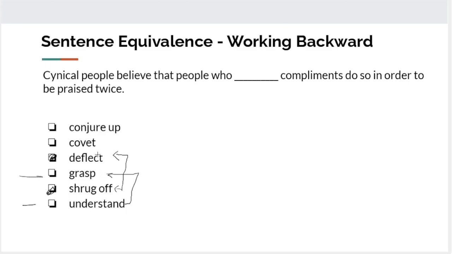So 50-50. Now, the challenge is that deciding whether two words are synonyms is often going to be dependent on the context. So if you're talking about grasping onto a handhold, you're trying to climb up a mountain or climb up a building, in that sense, grasp and understand are not synonyms, but we'll set aside that kind of fine point for now and just say that, if all else fails and you do find a pair of synonyms, they have a decent chance of being correct.